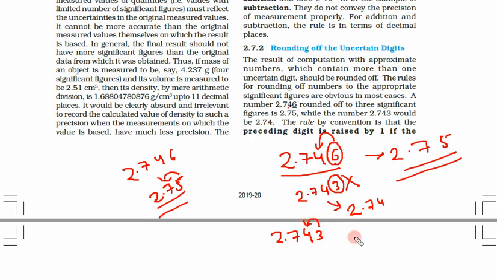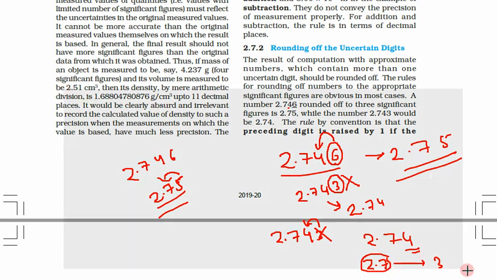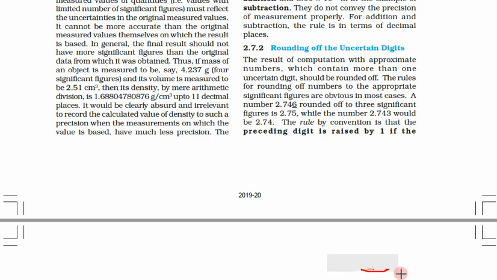First rounding off, what do we get? We simply drop it: 2.74. Again, we see this digit is less than 5, so we can write it as 2.7. If we want to round off further, this 7 is more than 5, so we can round it to 3. So this is how rounding off depends on how many significant figures we need.